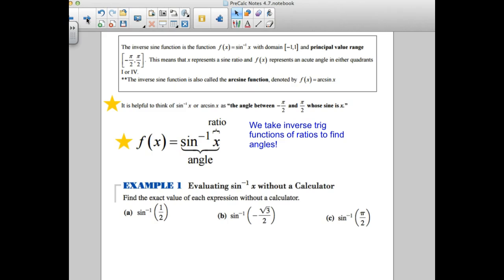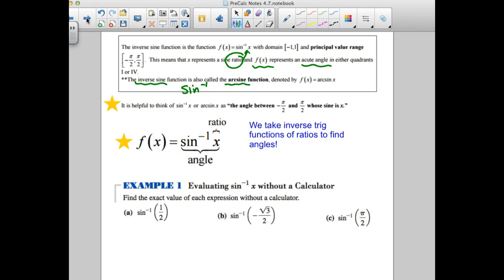This means that x represents a sine ratio, and f of x represents an angle that's in either quadrants 1 or 4. Now, one thing to note, sometimes we'll say inverse sine. Sometimes you'll see that sine with a little -1 exponent, and sometimes you'll see the word arc sine. They all mean the same thing.